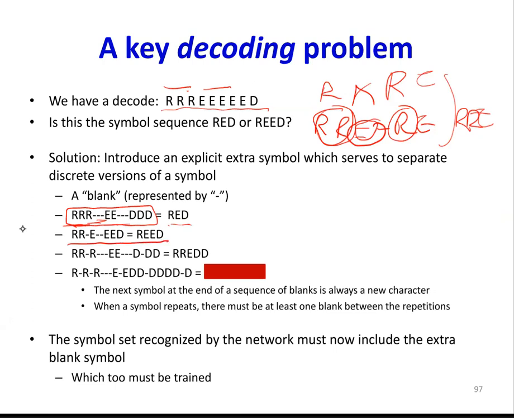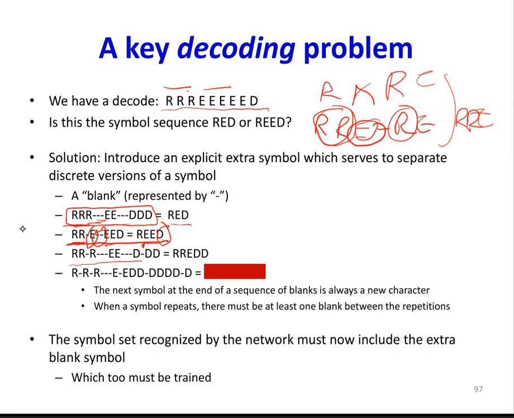Now here, for example, the two R's get compressed, they become an R, there's a hyphen which disappears, there's an E which occurs here, these hyphens disappear. And then these two E's get compressed to an E, and then we have a D, right?